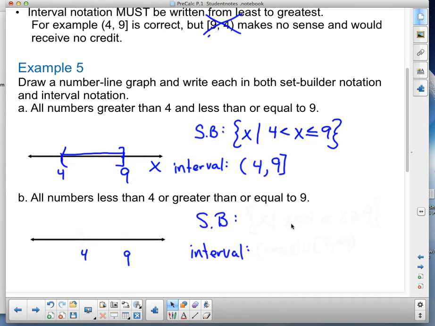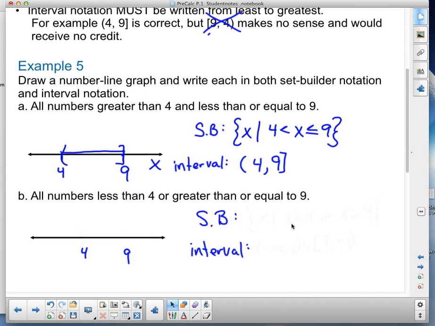Now it's your turn. All numbers less than 4 or greater than or equal to 9. Give it a try. Turn me off and just give it a try using the notation. Okay, all numbers less than 4 and all numbers greater than or equal to 9.